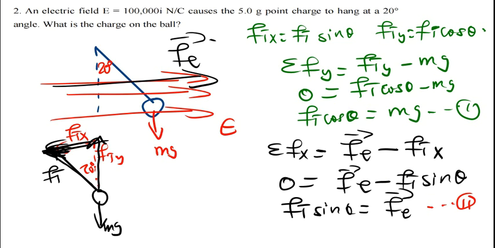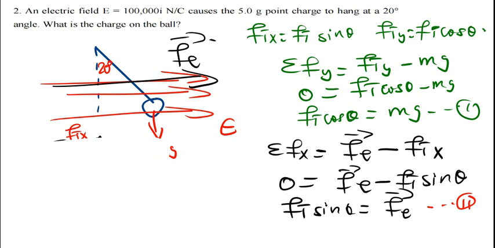Now let's remember, one thing we have to remember: we want to find the charge, and there is no equation which is giving us anything to find the charge. So we should remember that the electric field is also given by the electric force divided by the charge.